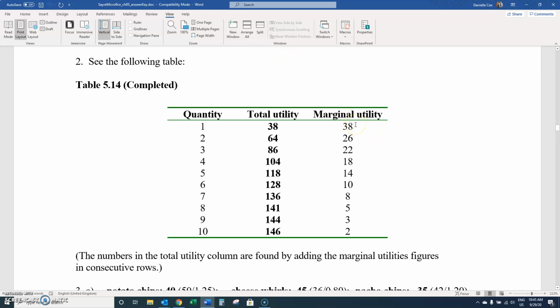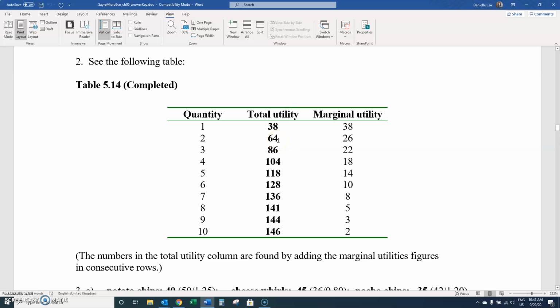His marginal utility for the first pack was 38, so his total is 38 because it's only one package. When he consumes his second package, his marginal utility for the second one is 26, so his total is the marginal utilities from package 1 and 2 added together, so 38 and 26.